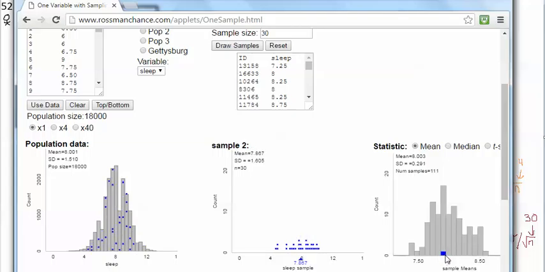And if we start at a certain point, like this, and we go upward, we're up a certain column, we're just looking at different possible samples of 30 who all have the same sample mean.